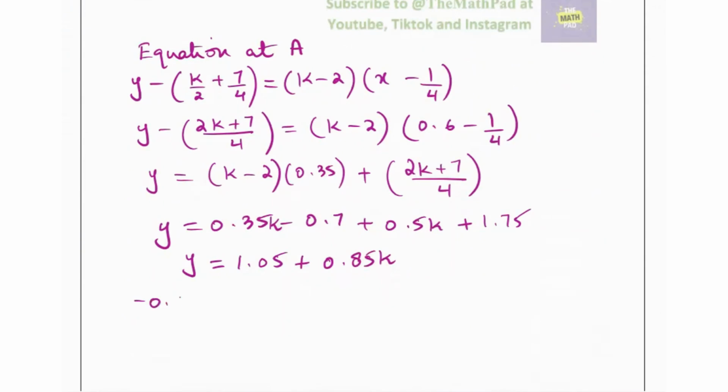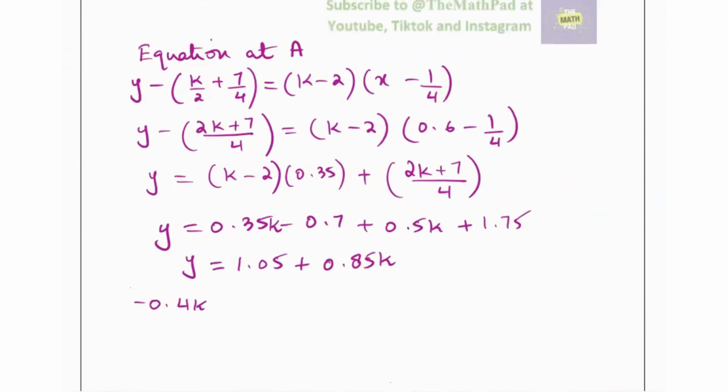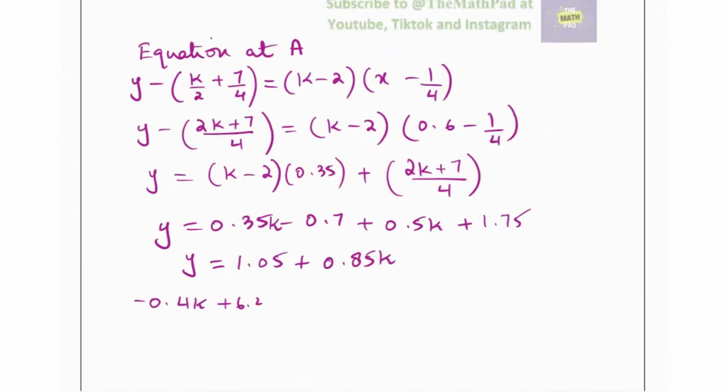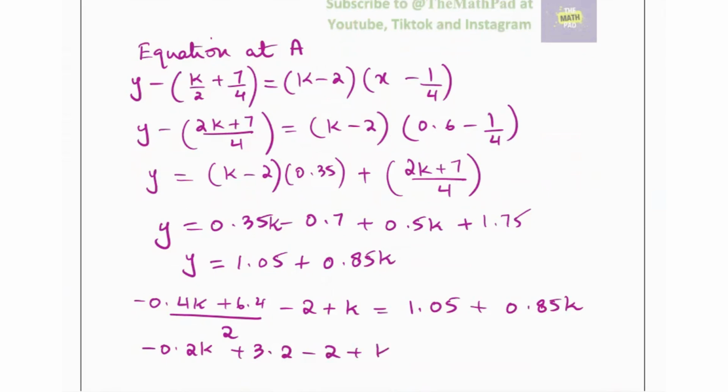So put that equal to the other one, which is negative 0.4k plus 6.4 divided by 2 minus 2 plus k. And this equals this because both the y values are equal, as they're intersecting. Convert all of this into decimals and then let's find the value of k.